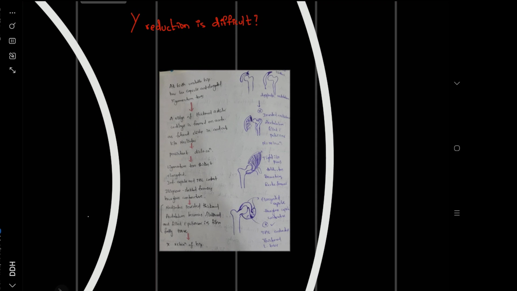The capsule and the ligamentum teres become elongated, and when the femoral head starts to go in and out of the acetabulum, a ridge of thickened articular cartilage is formed on the acetabulum. This is called the neolimbus. When the femoral head goes out and in, the neolimbus starts to turn inward, that is, into the joint.